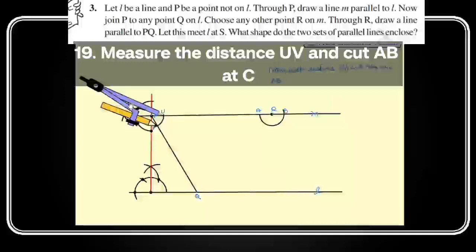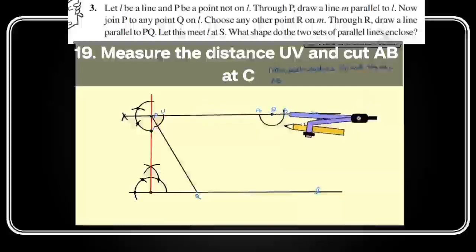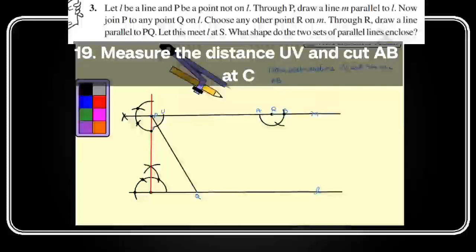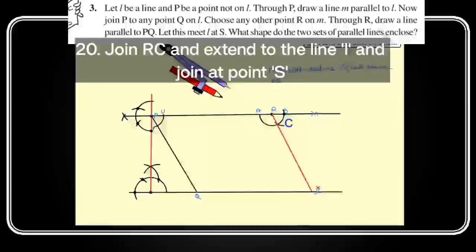With this distance, we will make a cut taking B as center. On this arc at R, we have made a cut AB. The distance was UV, that means the measurement of the angle. We will now draw a line passing through this cut, meeting L at S. So, this is a line RS which is parallel to PQ.